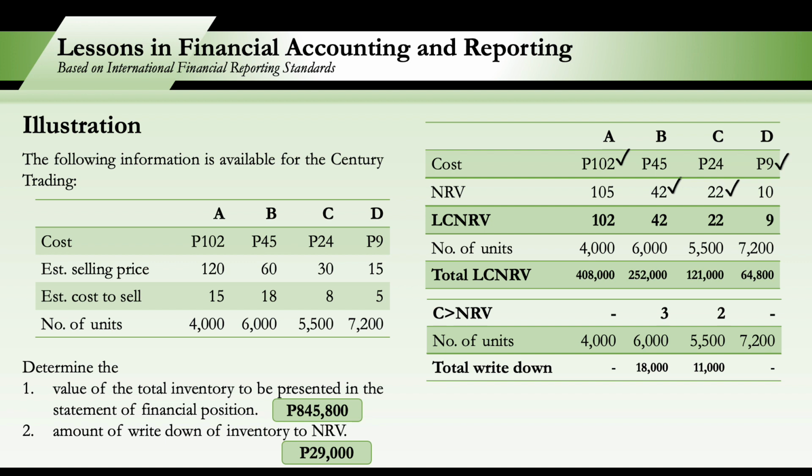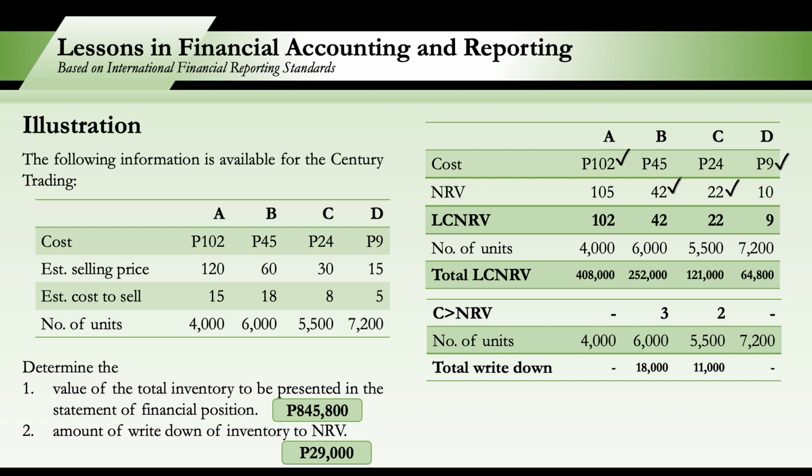We just compare the total cost versus the total LCNRV. So meron naman na tayo LCNRV na 845,800. Compute na lang natin yung total cost. So ano yung cost ng A? 102 times 4,000. That's 408,000. For B, 45 times 6,000. That's 270,000.